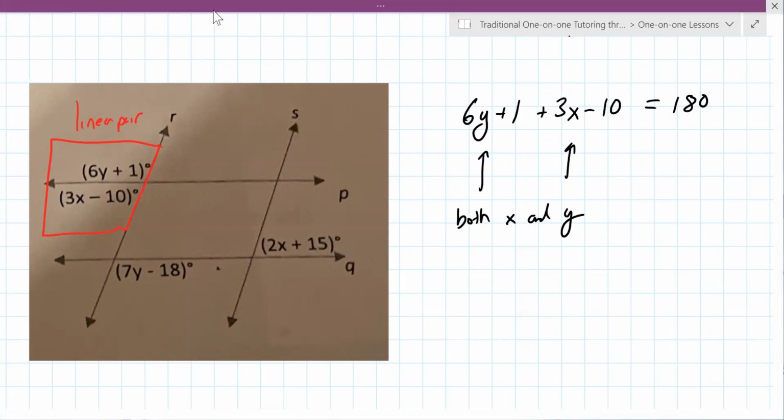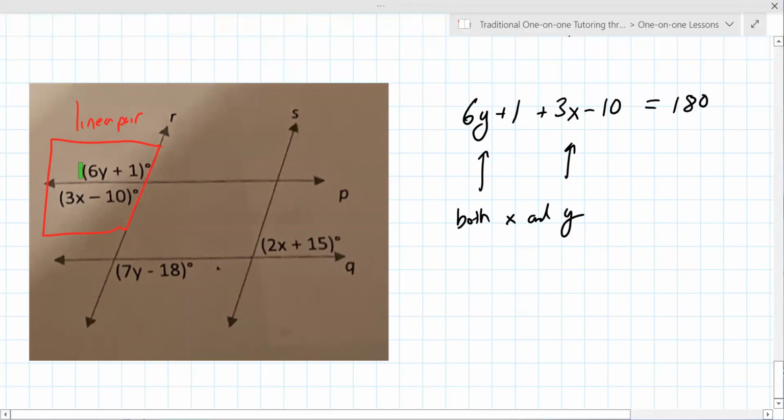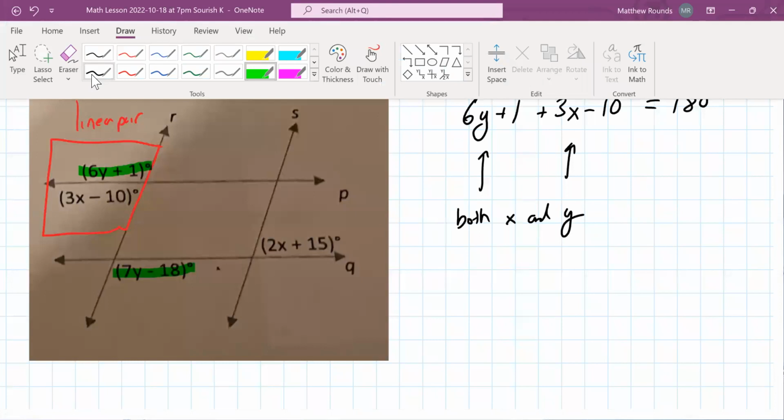Now we don't have enough time to explain it, but 6y plus 1 ends up equaling 7y minus 18. Those are what are called alternate exterior angles.